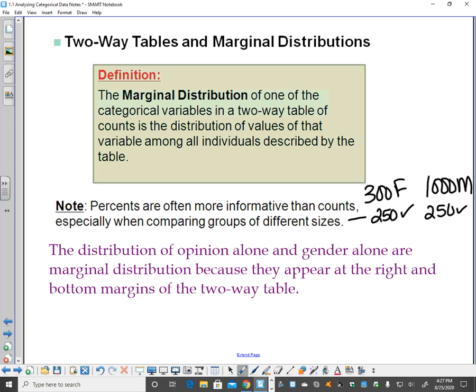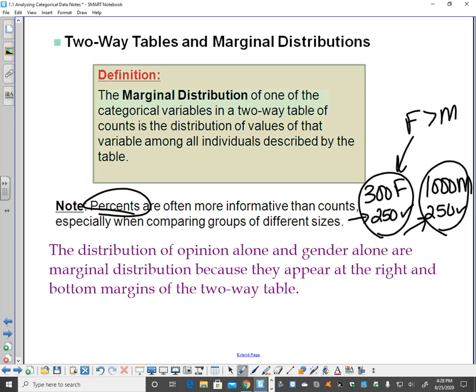So if I just report this part, it looks like males and females believe the same thing, when that's not true. If I were to turn these into percents, I would see that females believe it much more than males do. So that's what that's saying. Make it relative.